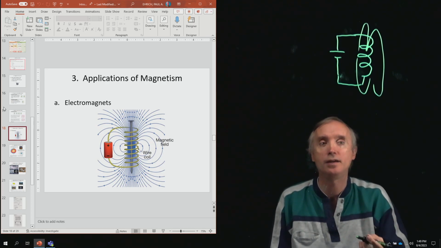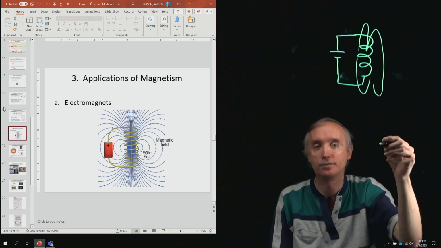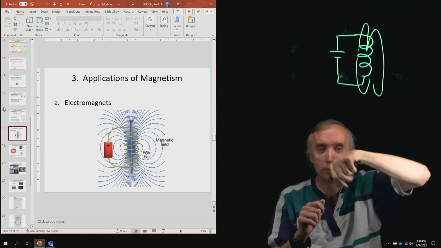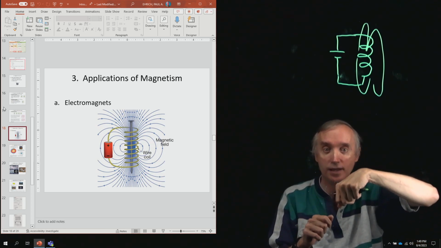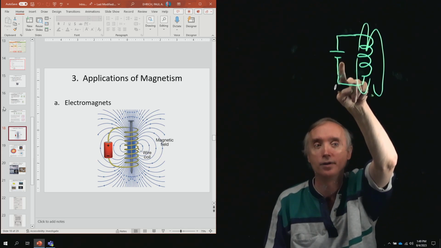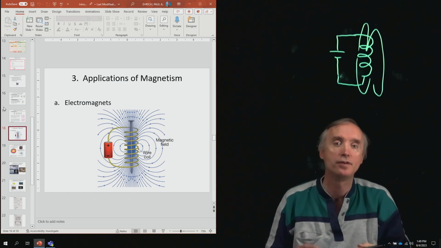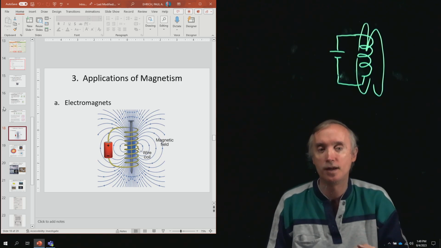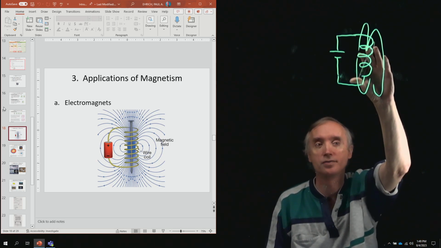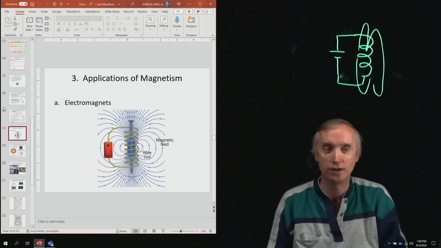You can make an electromagnet by taking a wire, wrapping it around a metal nail, and then attaching it to the battery. You don't have to have the nail, but the purpose of the nail is that it intensifies the magnetic field that you're creating.